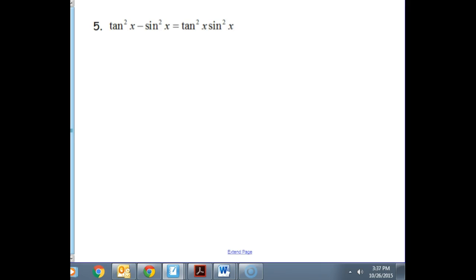Let's change everything to sine and cosine first. So this would be sine squared x over cosine squared x minus sine squared x, and technically that's over 1 since I have 2 fractions. Remember, since I've chosen the left side, I cannot do anything on the right side.